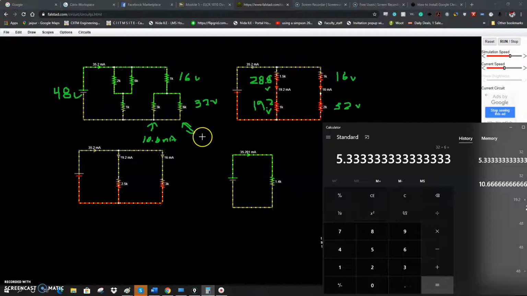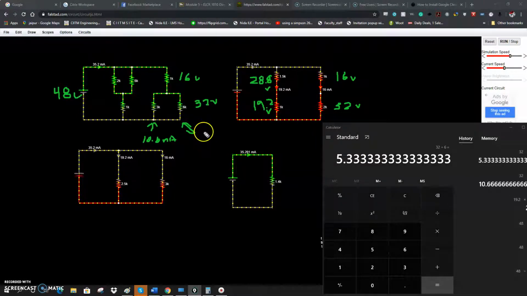And that is 5.3 milliamps. 5.33 milliamps right there. And if we add 10.6 and 5.3, no surprise, we get close to 16. We've got a little bit of a rounding issue, but no biggie, very close.